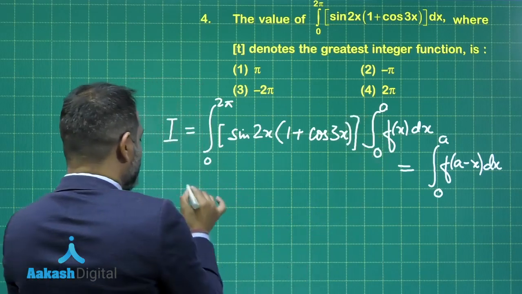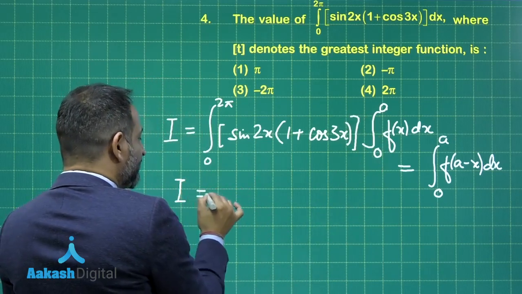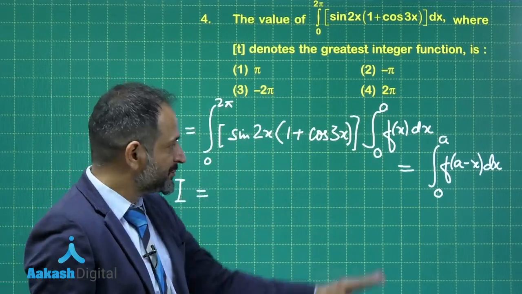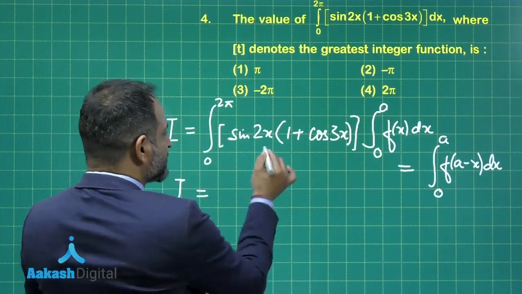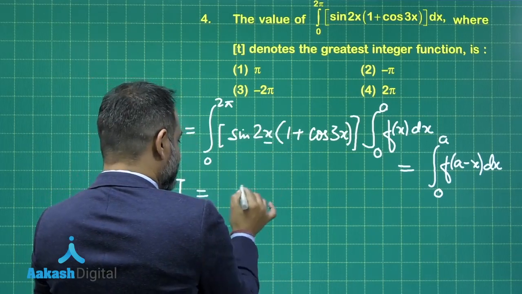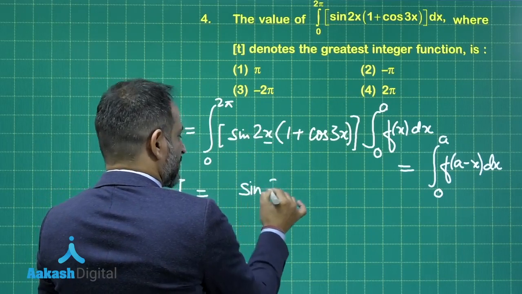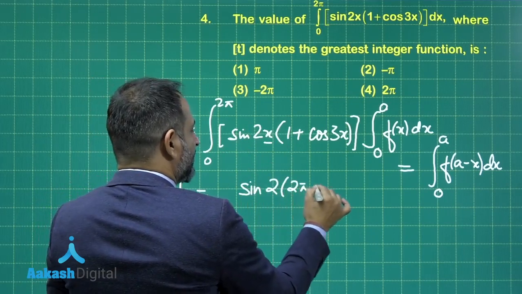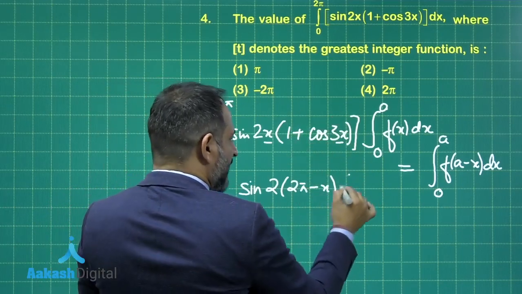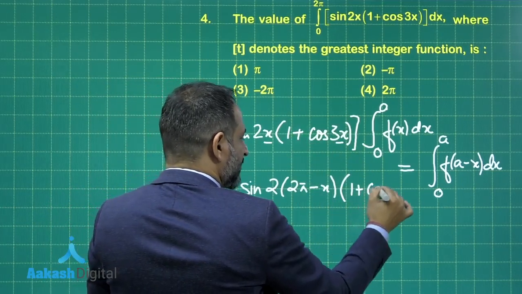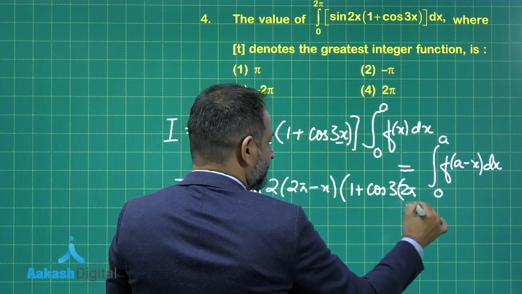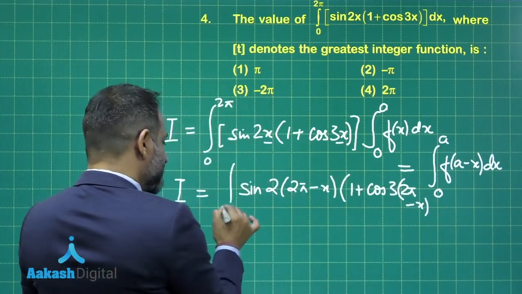Now if I replace x with 2 pi minus x using the same property, you can notice what will happen here.